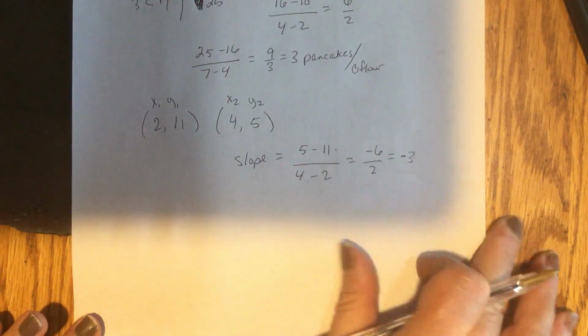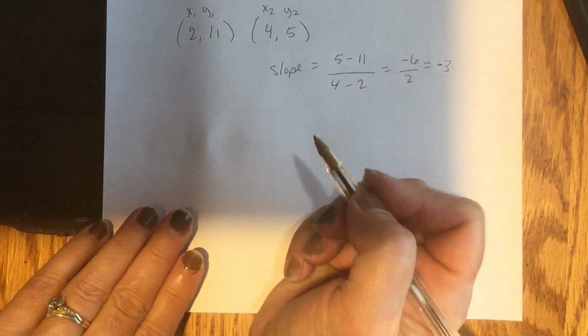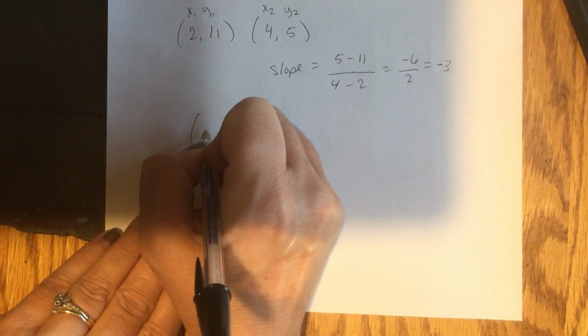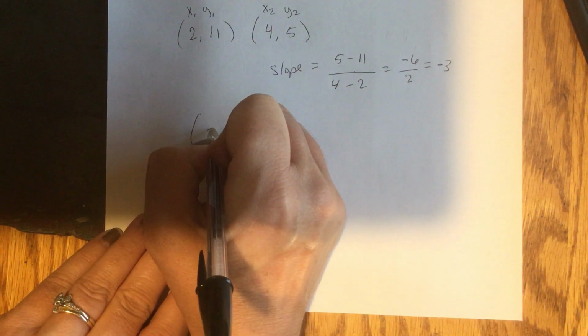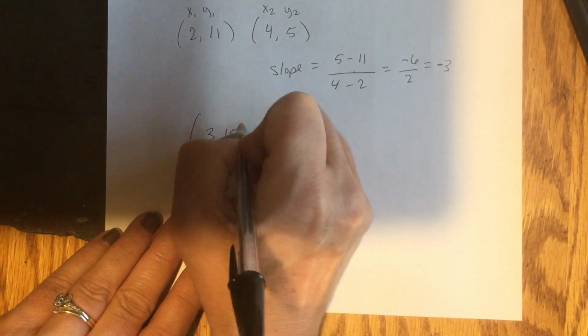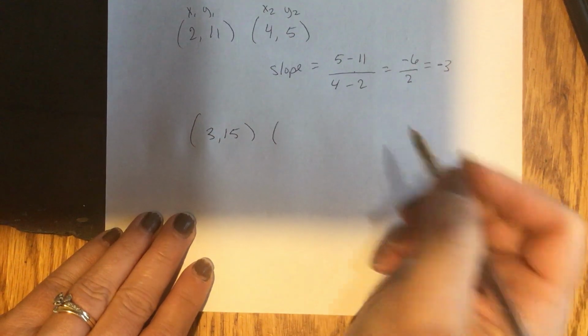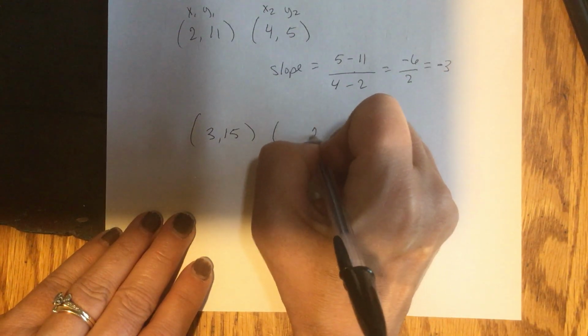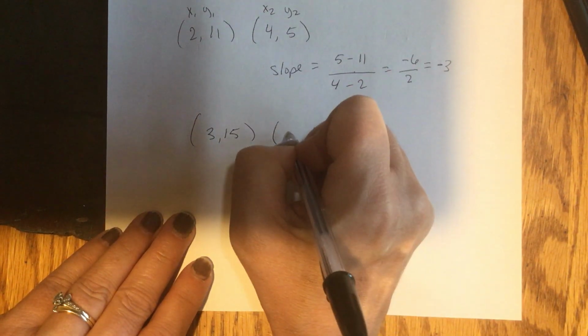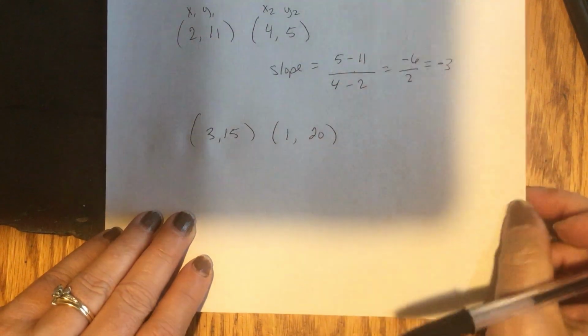If you happen to get a negative on the bottom, let's say we've got the point 3, 15. And let's say then this is 20, and this is 1, okay?